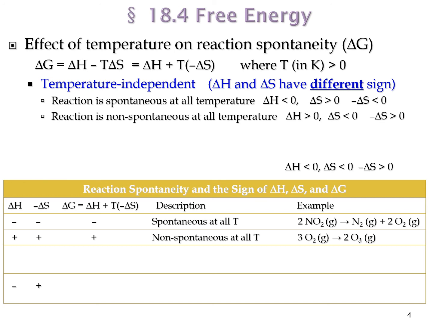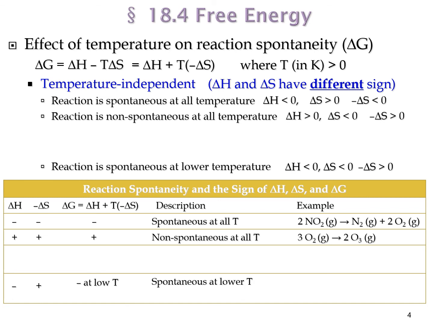The common unit for delta S is joules per Kelvin. Joules per Kelvin times Kelvin, so we have joules. Kilojoules to begin with, joules that increase as temperature increases. So we realize that at the lower temperature, we could have negative sign for delta G. That means this process is spontaneous at a lower temperature.